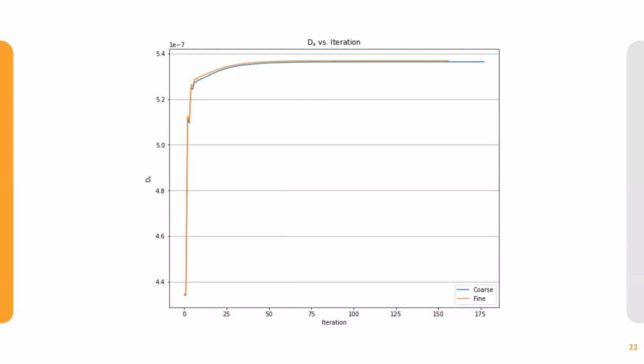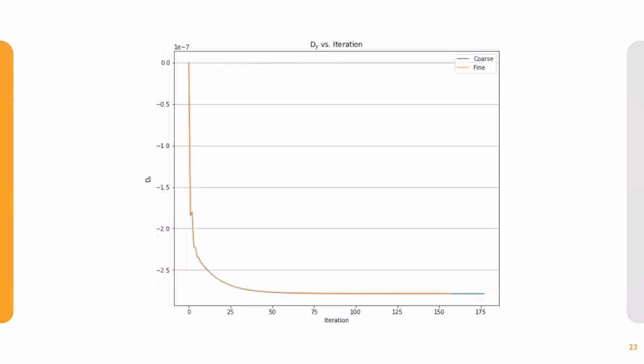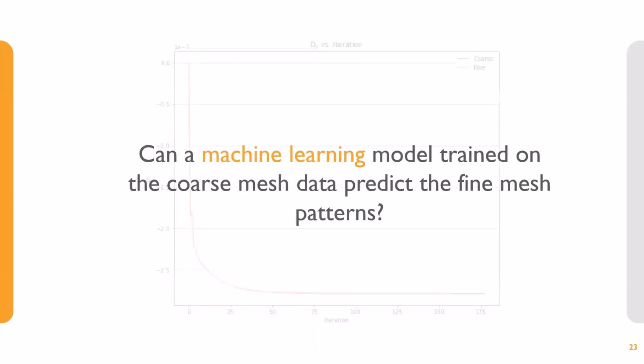You can see the convergence pattern for this one cell. It's pretty similar to the coarse mesh, as you would probably expect, and it's the same in the Y direction. So I guess you would think that a machine learning model would be able to predict the fine mesh based on the coarse mesh.